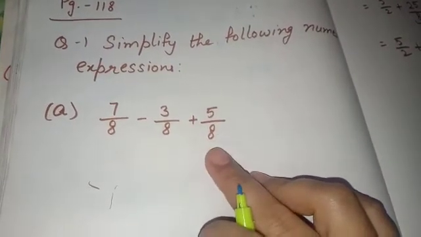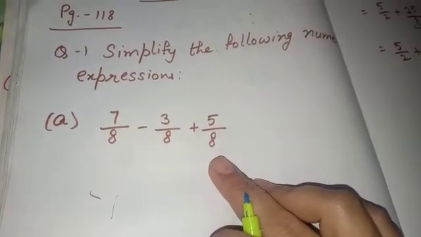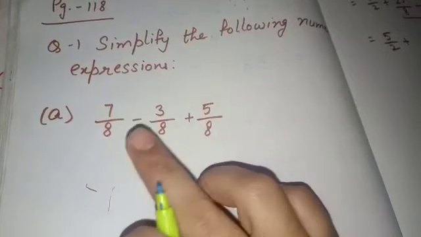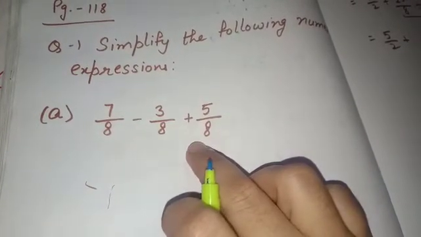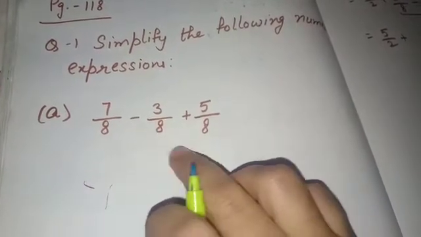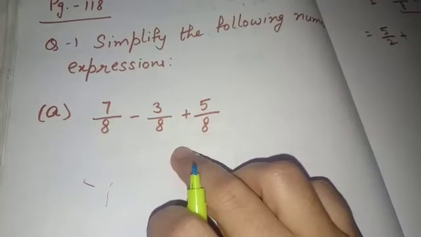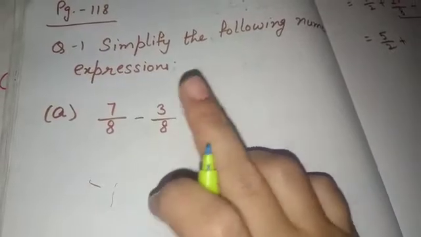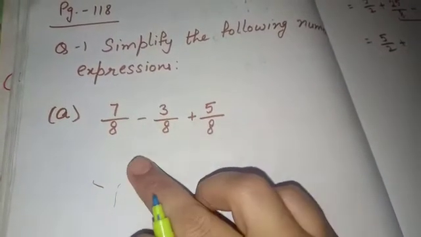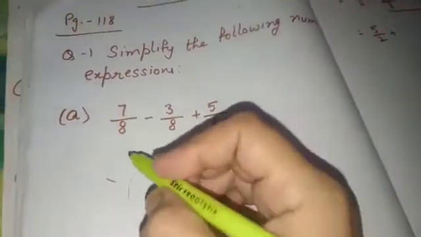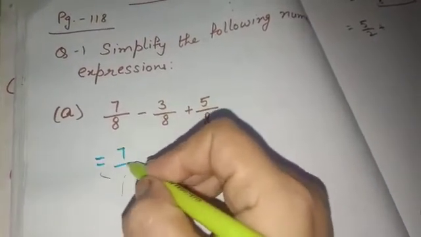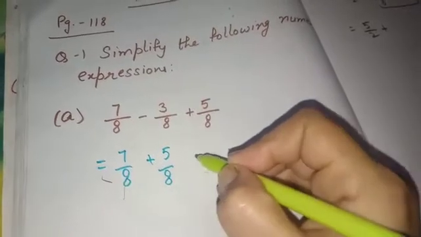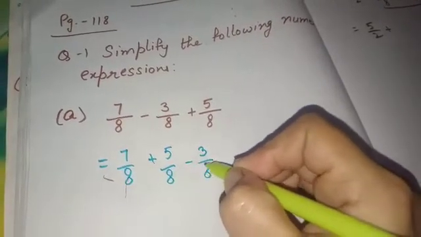This first part is very simple, but there is a different thing: only the signs of addition and subtraction are here, and in case of these two signs, we just rearrange the numbers to get the plus sign before the minus sign. Same thing we will do here also. 7 by 8 plus 5 by 8 minus 3 by 8.